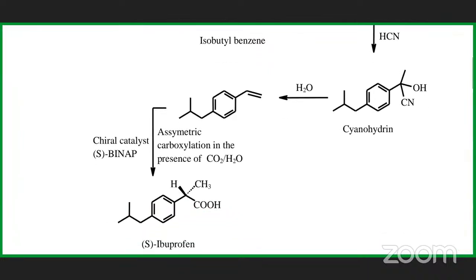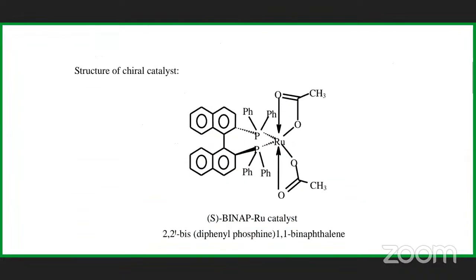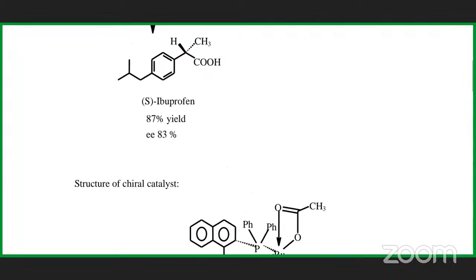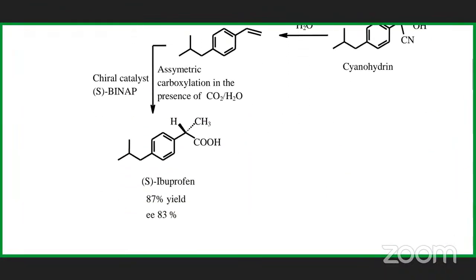At this stage we are using the chiral catalyst. We can use a variety of catalysts here. You can use BINOL or BINAP, or any other, like the Wilkinson catalyst. A variety of catalysts are available, so you need to take care to use the appropriate catalyst here.